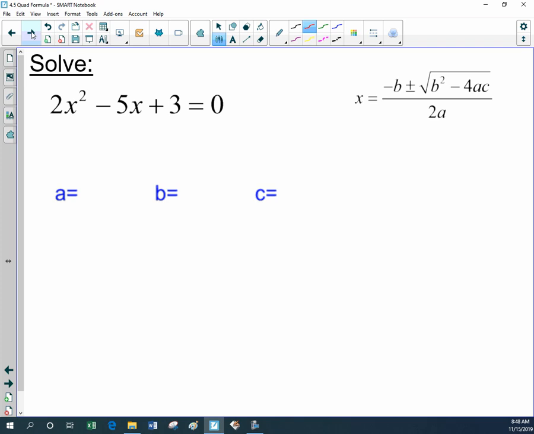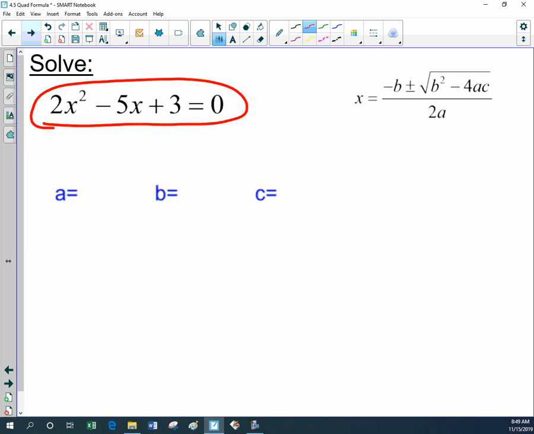Okay, so we have 2x squared minus 5x plus 3 equals 0. So the first step is to make sure the equation is in standard form. Is this in standard form? Yeah.